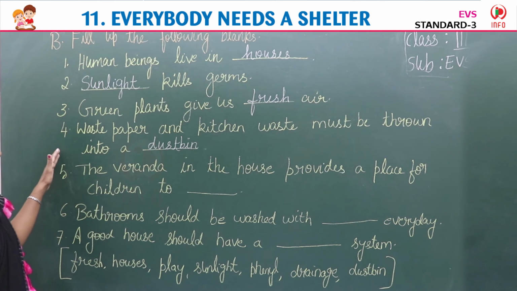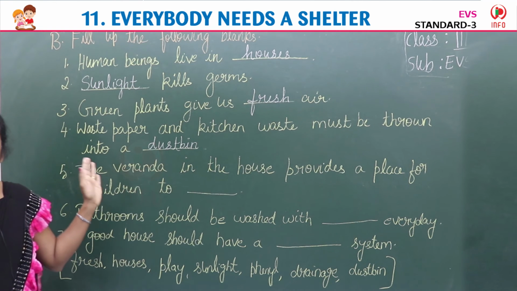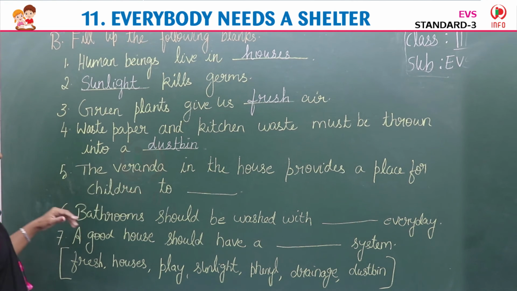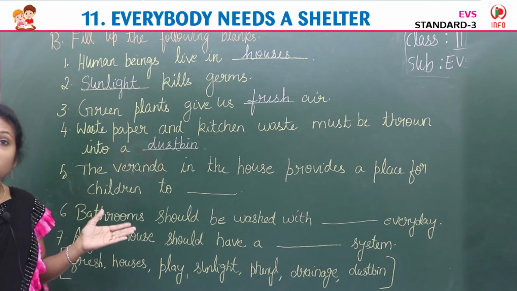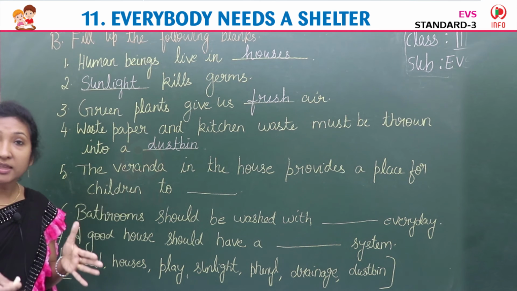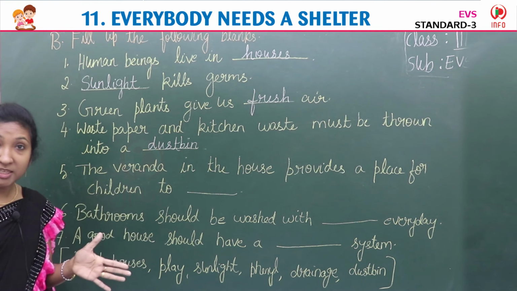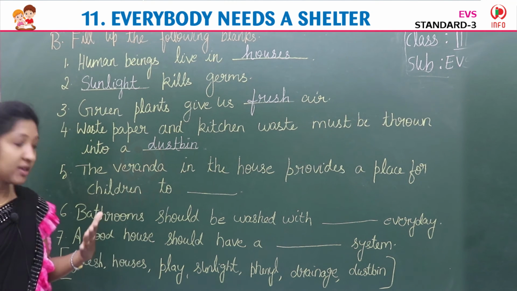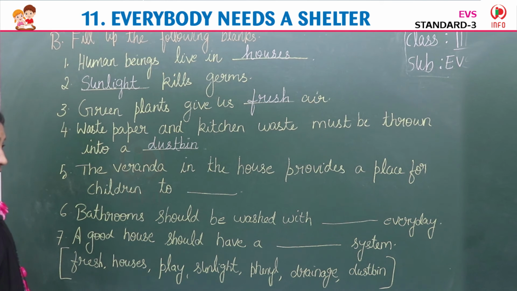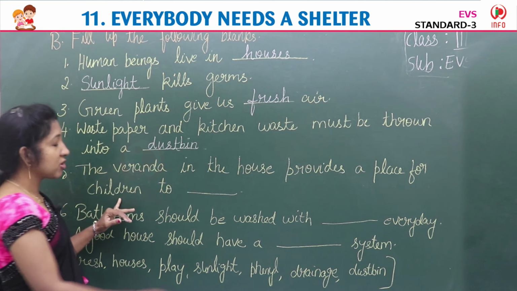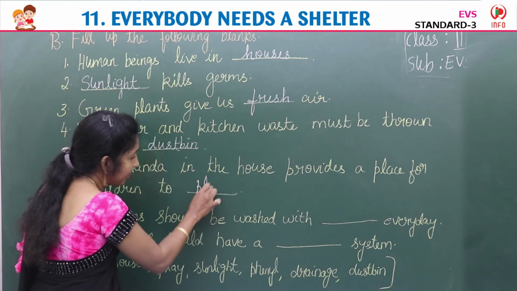Waste paper and kitchen waste must be thrown into a dustbin. Okay. Fifth question, the veranda in the house provides a place for children to, if there is a veranda in your house, it is a big space for you to, yes, to play. The veranda in the house provides a place for children to play.